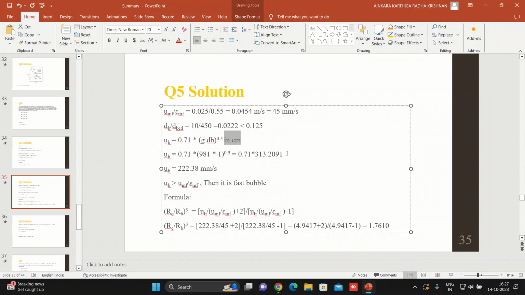So it is 0.711 into 31.3, that would give us 22.238 centimeter per second. And when we are converting it into mm per second, we are getting this particular value.